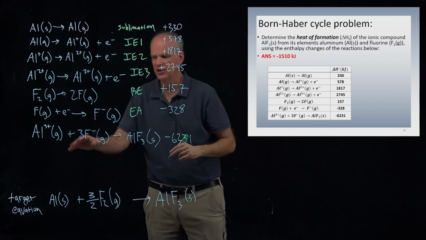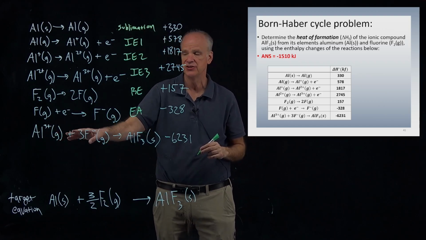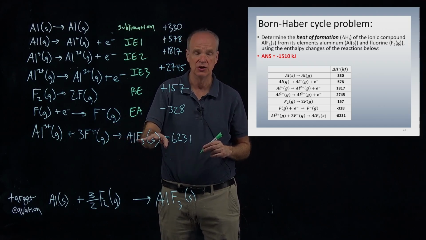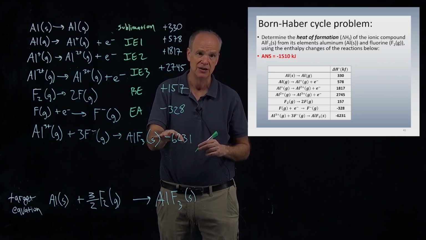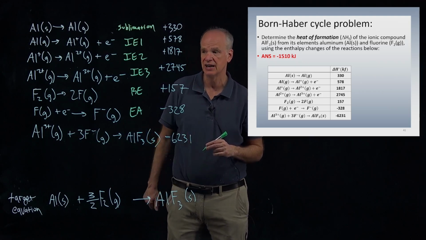And then this final reaction is you're taking aluminum ions and you're adding them to fluoride ions to give you the solid aluminum fluoride. And so this is an equation that describes the lattice energy of the formation of solid aluminum fluoride from its constituent ions. And you can see this is a very exothermic reaction.